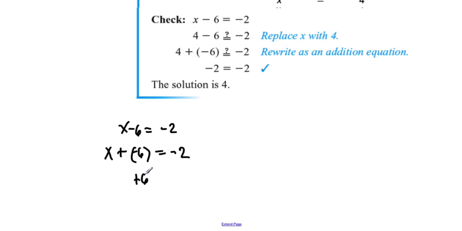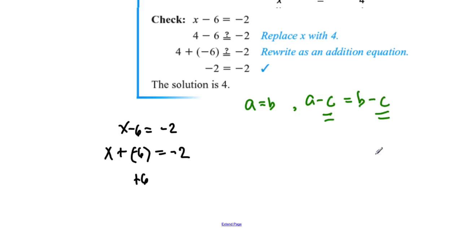So remember, it's an equation. The subtraction property of equality simply states that if A is equal to B, then A minus C is equal to B minus C. That is the subtraction property of equality.